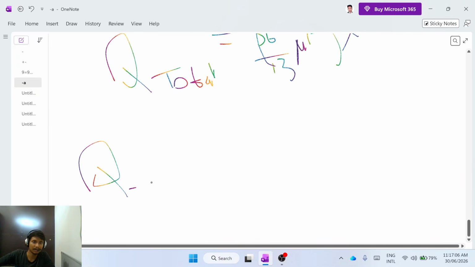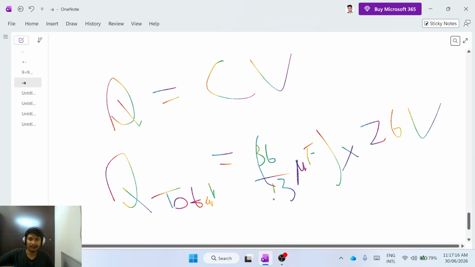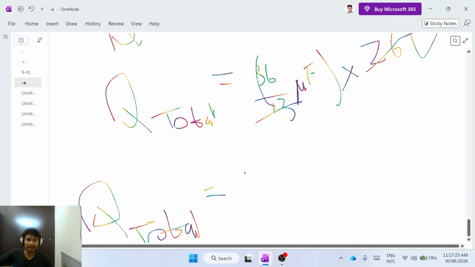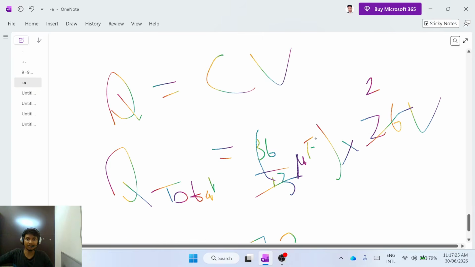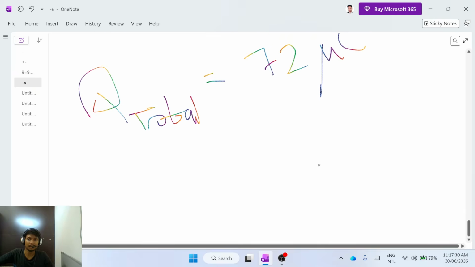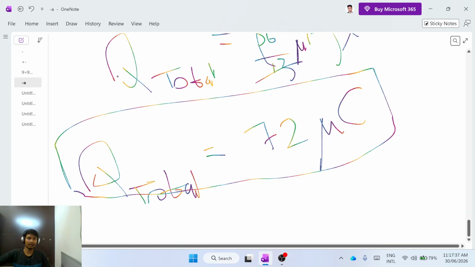If you calculate, you will get the answer. Q total is equal to 36 into 2, 72 micro coulomb. You know the unit of charge is coulomb. So Q total is 72 micro coulomb.